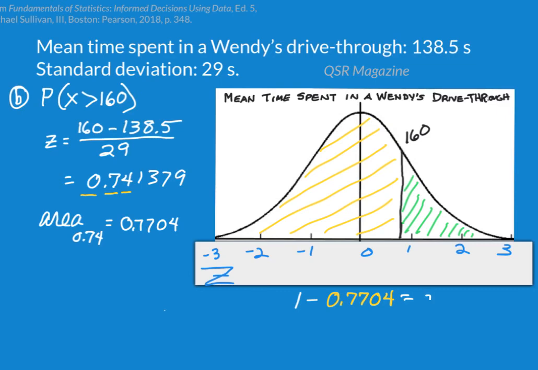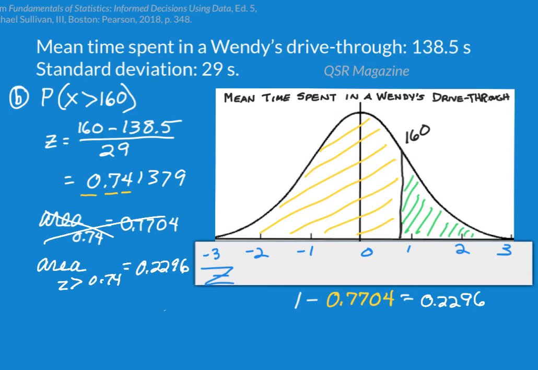And that will be 0.2296. So this is not the area we want. We actually want the area for z greater than 0.74, and that is 0.2296.